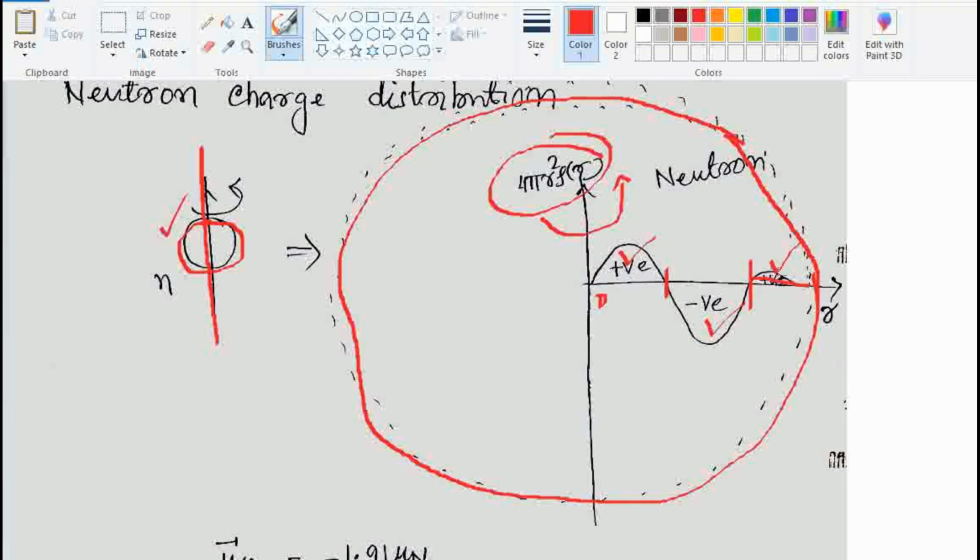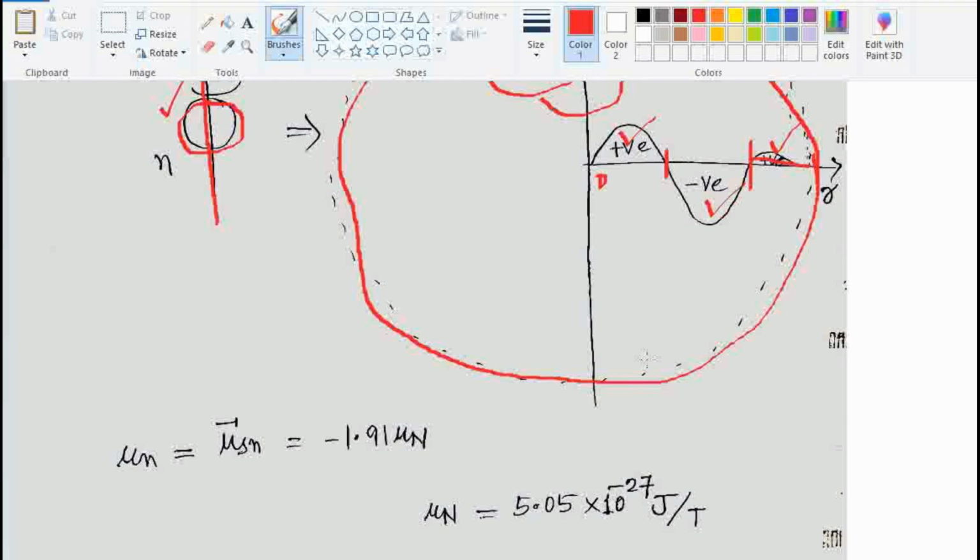There is a small positive contribution, there is a high positive contribution, but adding these positive contributions is smaller than this negative contribution. Okay, so there is a net negative magnetic moment for the neutron. So that's why the magnetic moment of neutron is minus 1.91.